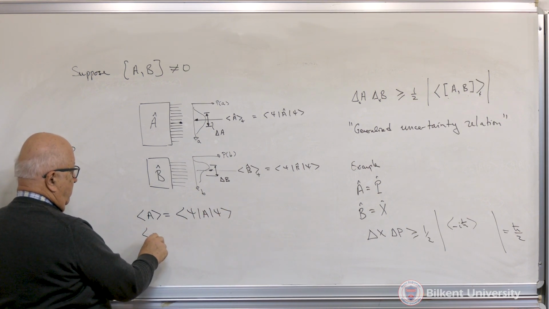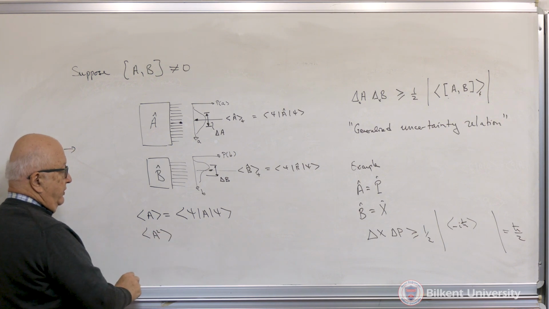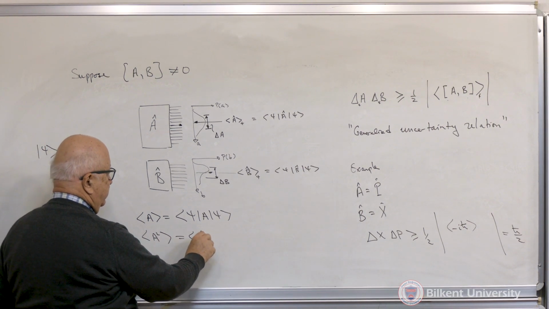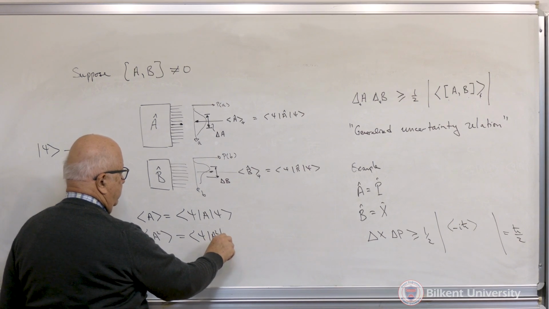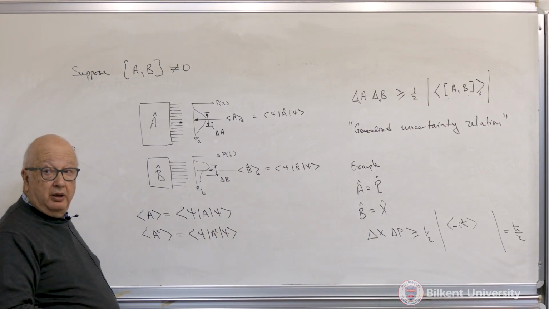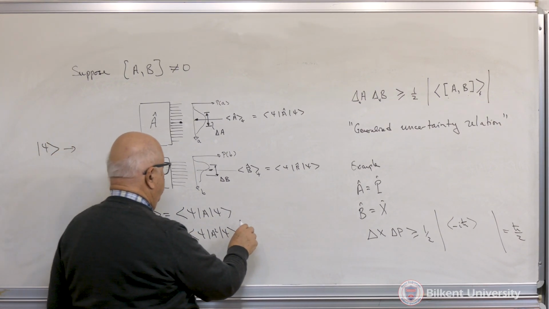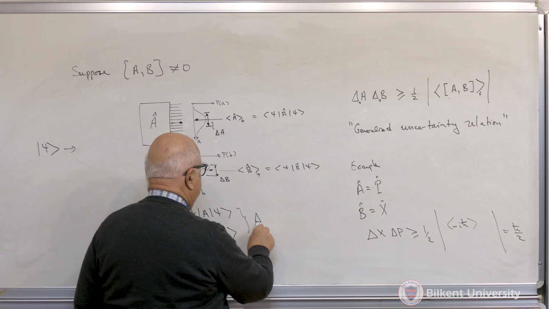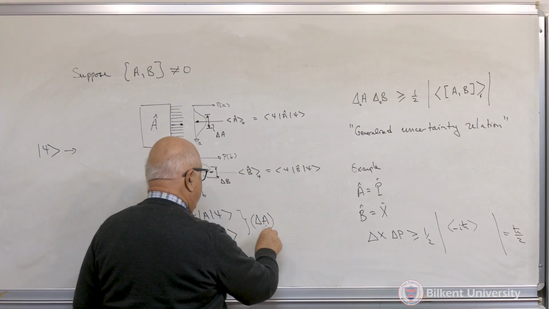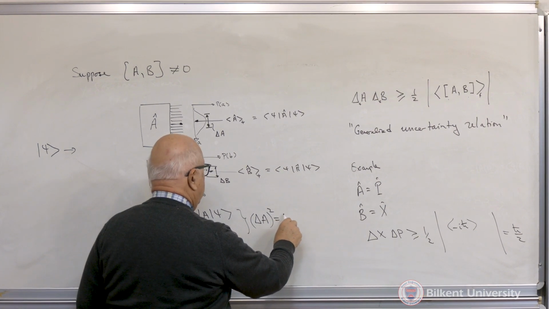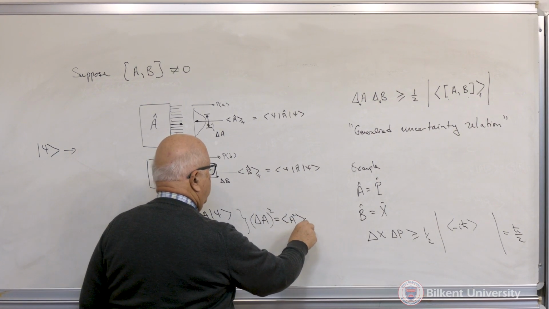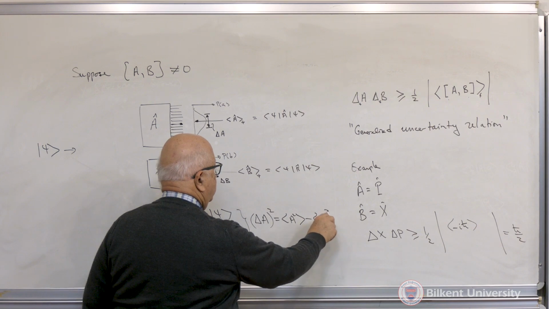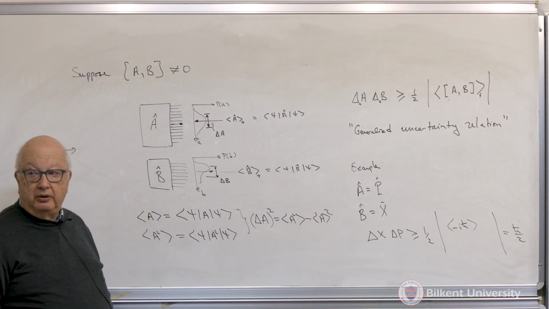I also take the average value of A squared, which is psi A squared psi. And if I know these two, then delta A squared is the average of A squared minus the square of the average of A. So that's the definition.